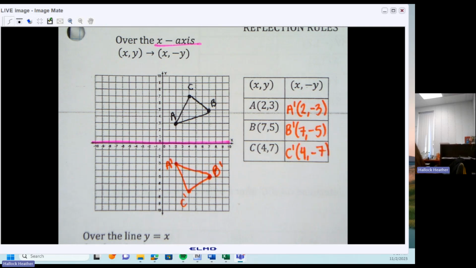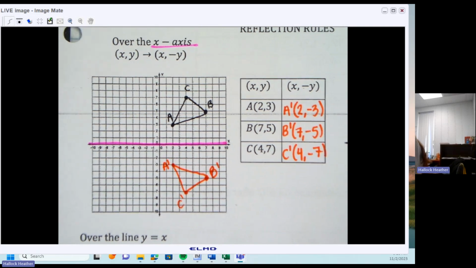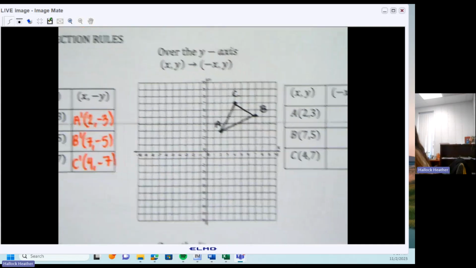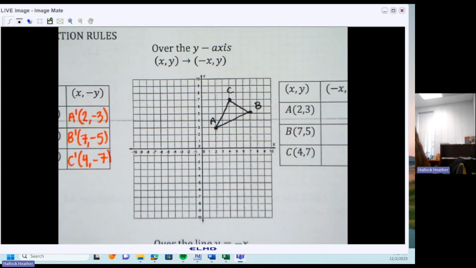It's just on reflections, rotations, translations. But the catch is once we learn them all, then we're going to start combining them. So you're going to have to reflect it and then translate it, or translate it, then reflect it. On your EOC, same thing. It's a very big part of your EOC. So I'm trying to go slow with it because if you learn anything from this year, it should be this unit.